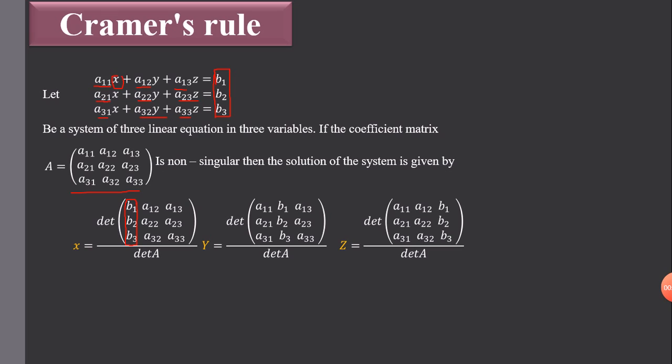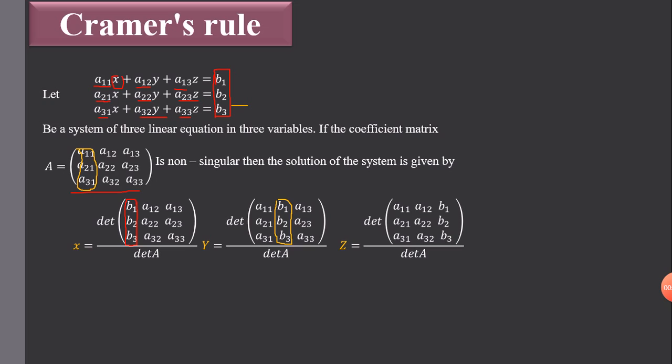And the value of y will be equal to, now here again I want you to notice something. To get the value of x, we are removing these entries in the first column, and replacing them with these entries. And to get the value of y, we are removing entries in the second column and replacing them with b1, b2, b3.